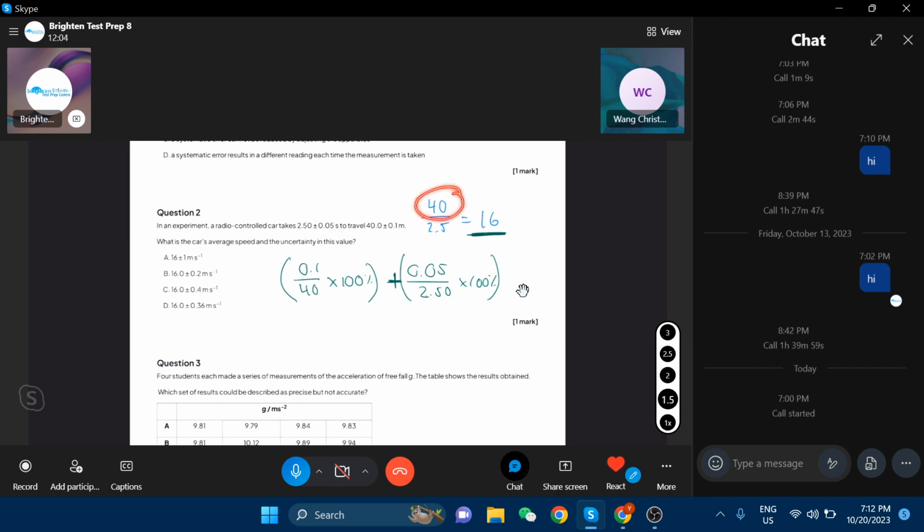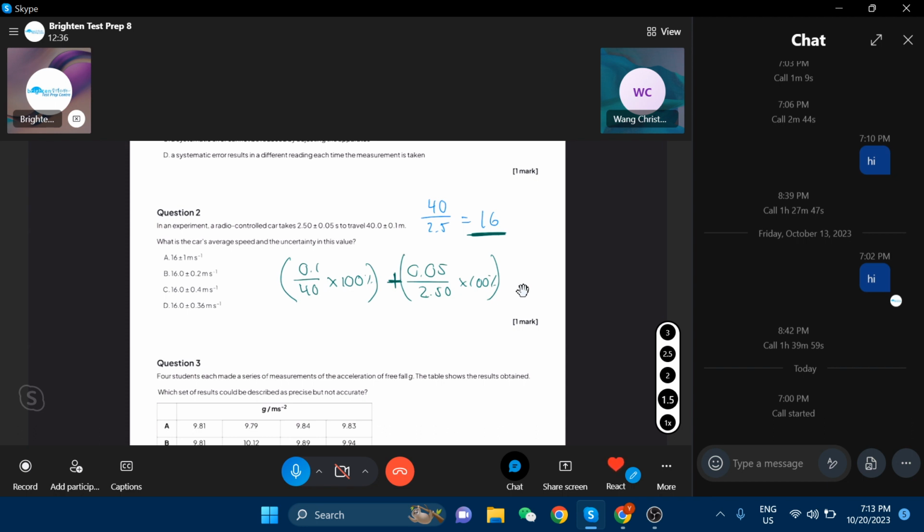Then, calculating the distance from the measurement of the speed, same thing. We would add the relative uncertainty, that means the percentage uncertainty. As long as it's division or multiplication, where one is just the inverse of the other, we have to add these relative uncertainties, or the percentage uncertainty.